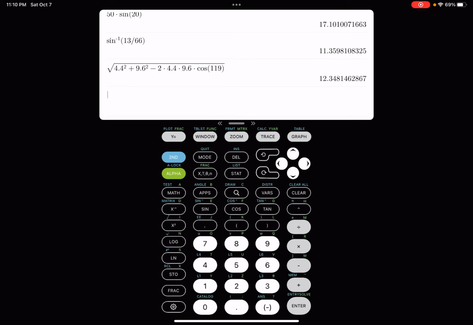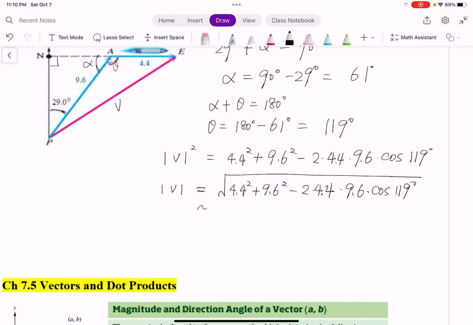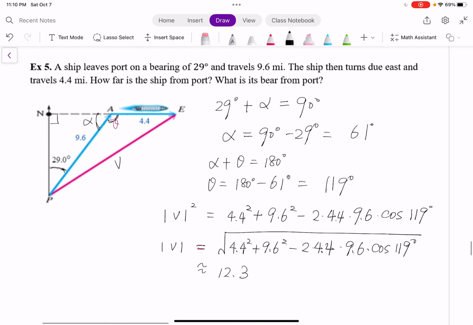Let's see, it's about 12.34. Round to one decimal place, I have 12.3. And the unit is mile. Okay, I found the length of v in the triangle.